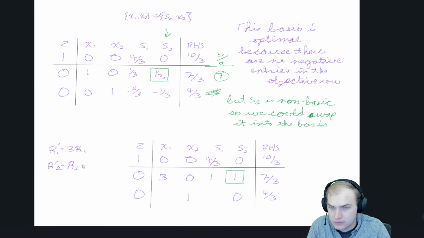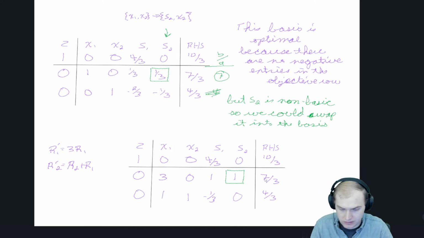It's R2 plus R1, not R1 prime. So 1/3 minus 1/3, 0. Negative 2/3 plus 1/3 is negative 1/3. 0, 1 stays the same. 0 plus 1 is 1.